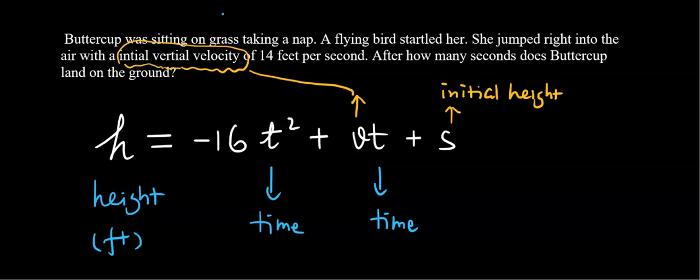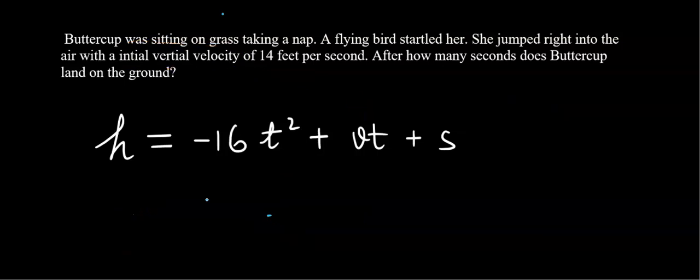I think we can substitute the values we know and solve for what we don't know. All right, let's talk about Buttercup's initial height. S is 0 because she was sitting there. So this is 0. We're looking for the t, so keep the t, don't do anything, and read this part. That's initial vertical velocity, that is our v.